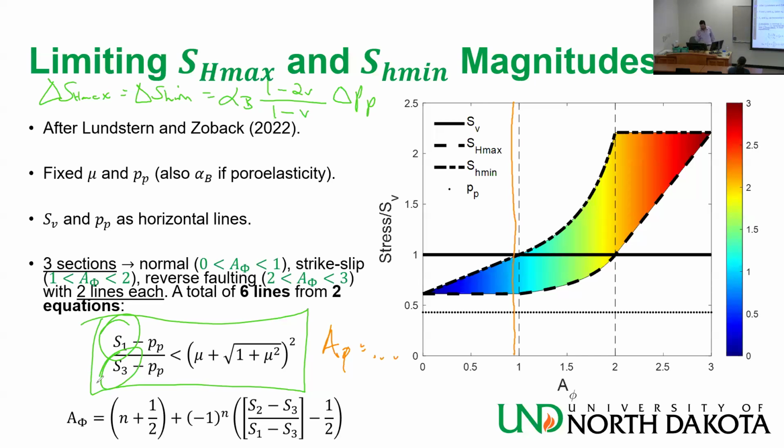Poroelasticity is not that complicated. And if you do poroelasticity and you don't know if you did it right, set alpha B equal to 1, it should give you the same answer as before. So easy. Because if you multiply PP by alpha B, and alpha B is 1, then it's correct, basically.